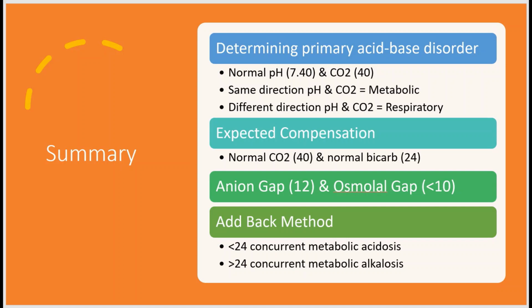Remember again, normal CO2 is 40 and normal bicarb is 24. We spoke about anion gap, normal of 12, and osmolar gap, normal is less than 10. Lastly, we spoke about the add-back method. If the bicarb is less than 24, there's a concurrent metabolic acidosis, and if the bicarb is greater than 24, there's a concurrent metabolic alkalosis.